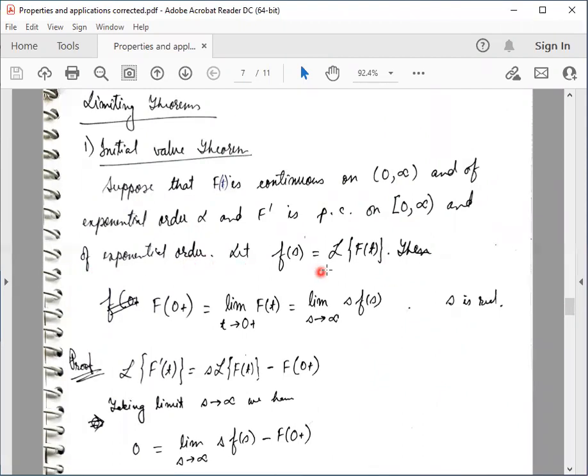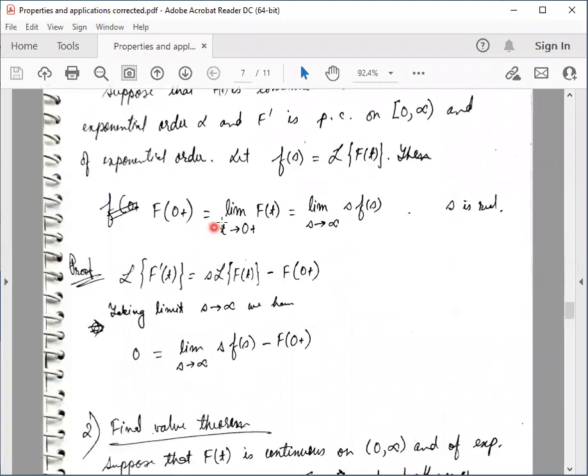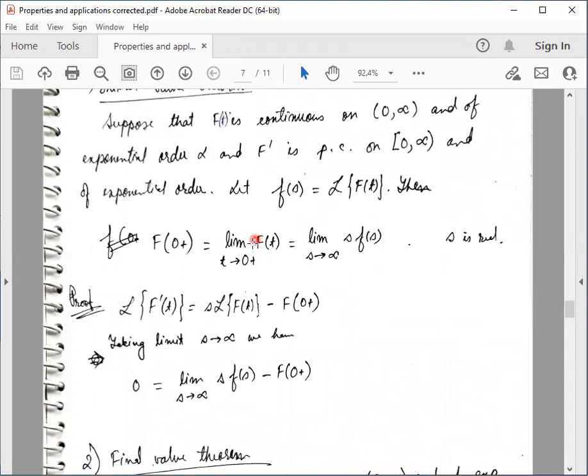And let the Laplace transform of capital F be small f. Then the limit of f of t when t tends to 0 from the right is equal to the limit as s tends to infinity of s times the Laplace transform of f, where s is a real number.